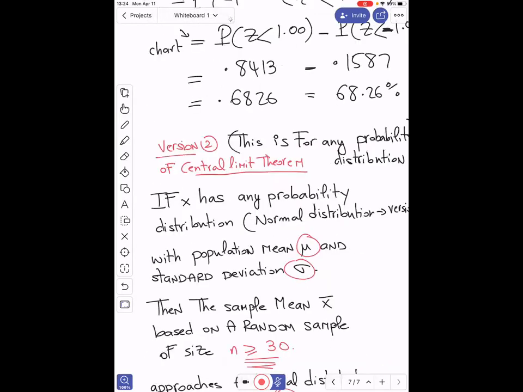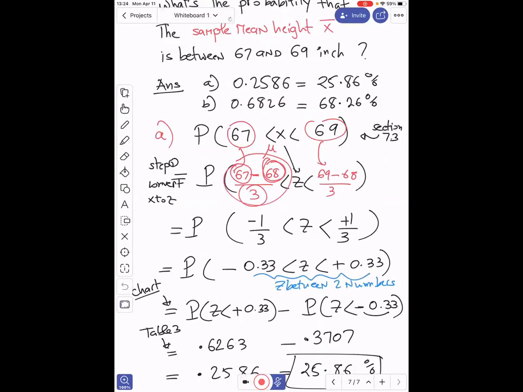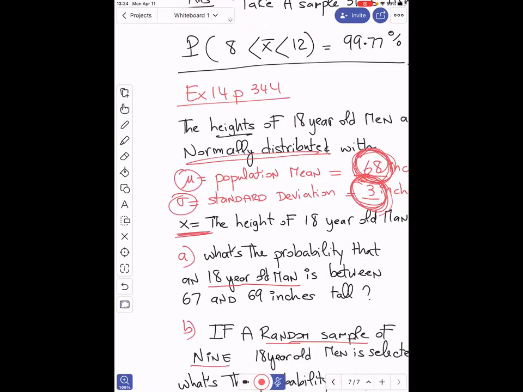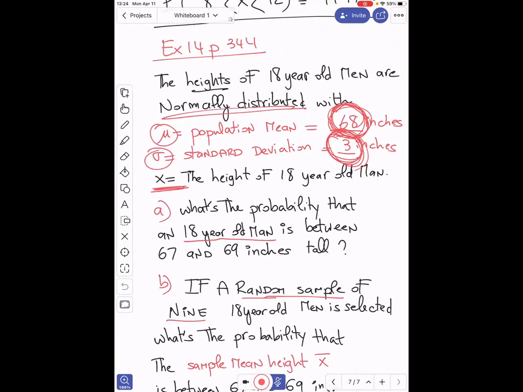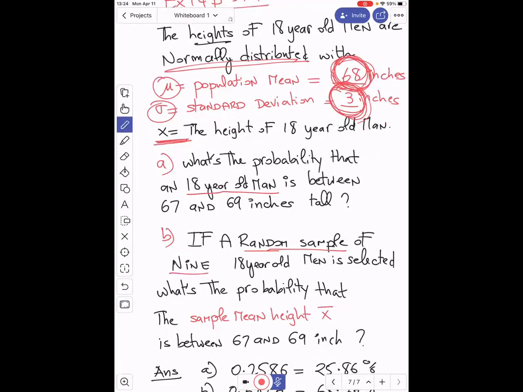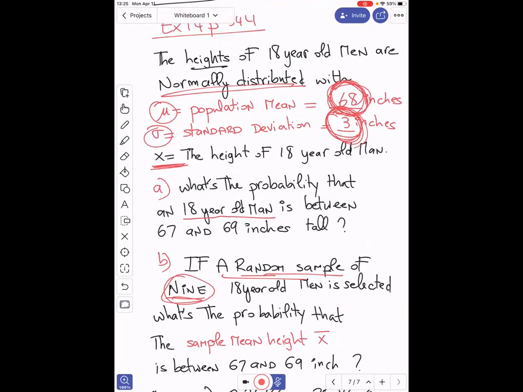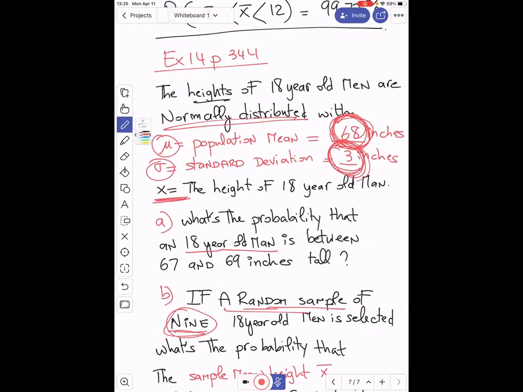Like in this problem for the heights of the 18-year-old men, we have this random sample of 9 men. So the size of the sample here was 9. That's less than 30, of course. But my variable X, in this example, is normally distributed.